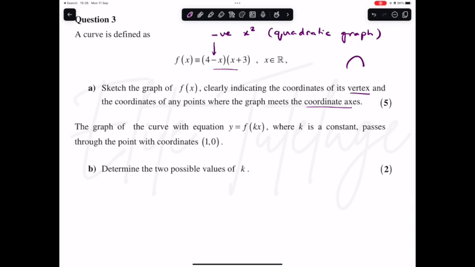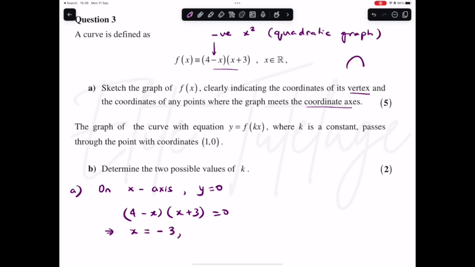So now let's first of all find out what our coordinate axes are. So on the x-axis, when y equals 0, I'm going to plug that into my equation. So 4 minus x times x plus 3 equals 0, which gives me x equals minus 3 and 4.